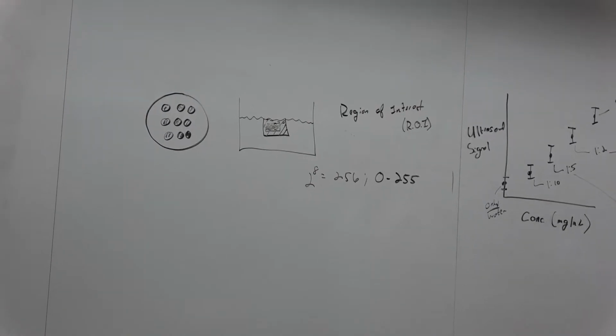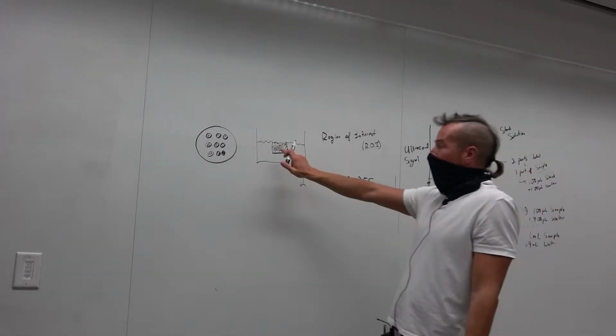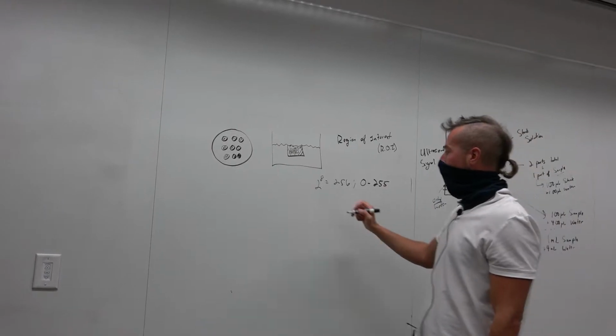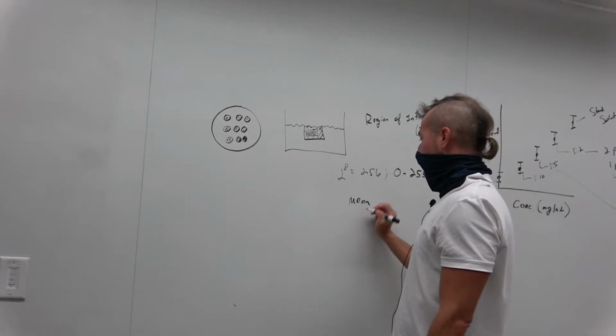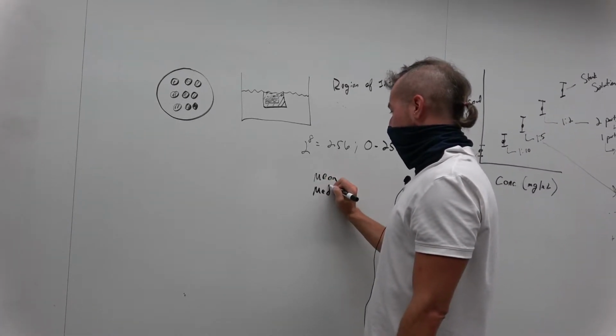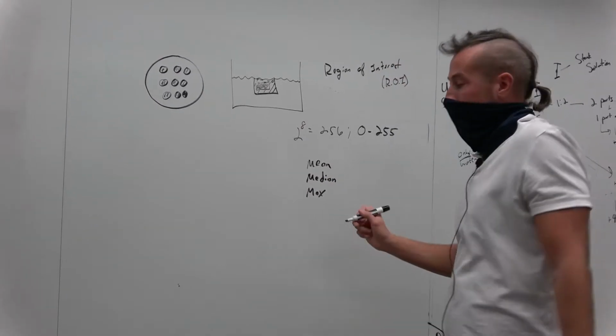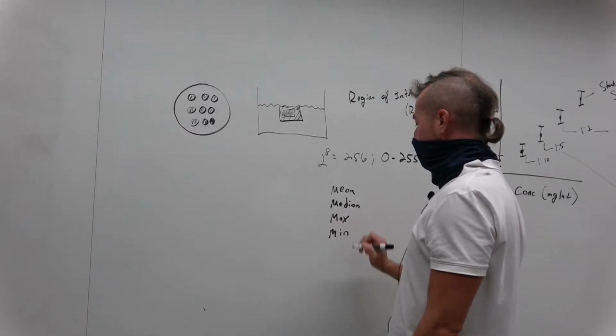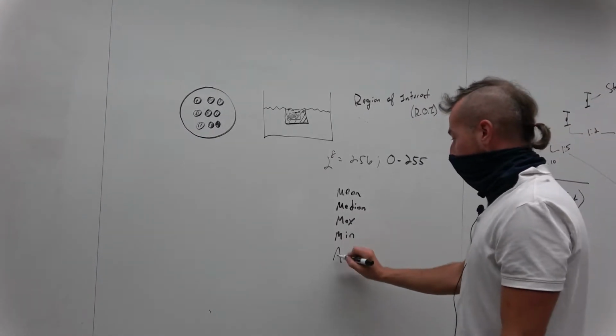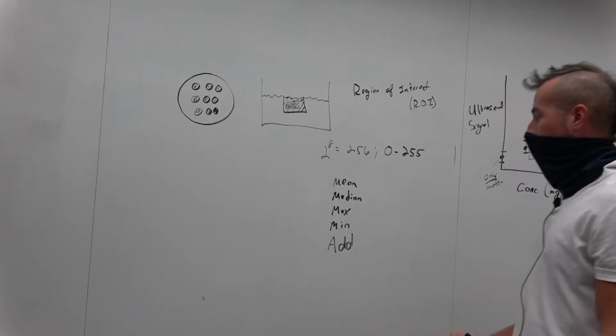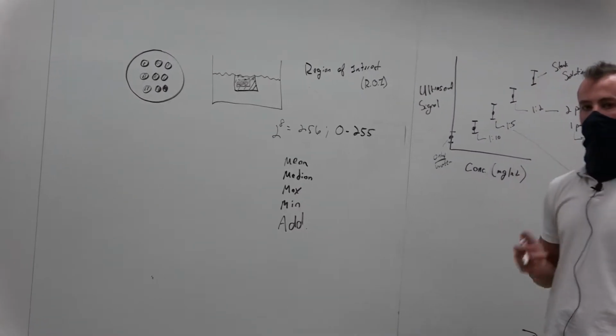Okay? And there's a lot of different ways that you could describe the pixels in there, right? You could talk about the mean. You could talk about the median. You could talk about the max. What's the highest pixel? What's the lowest pixel? You could add them all up. Right?